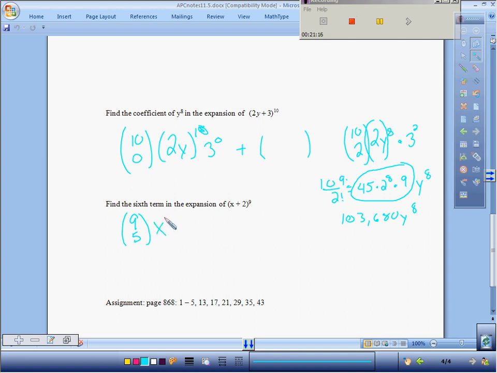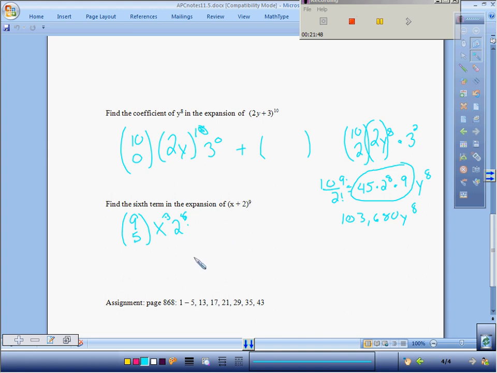Since the first term has a 9 up here, the sixth term would have 9 minus 5, which is 4. Let me check that.